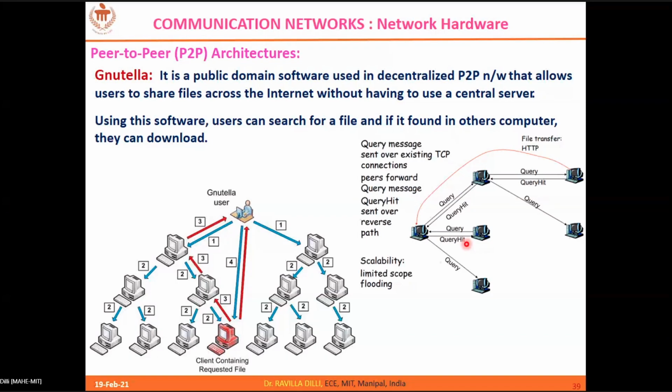Sir, one particular node is connected to, let's say, only 3 computers. See, I am connected to, let's say, 3 computers. Those people also will be connected to somebody else. Like that, let's say 50 people are there in the network. I want some content, so I will forward the request to my neighbors.